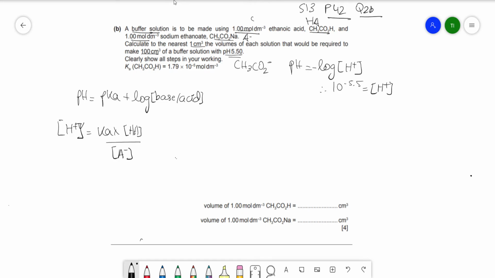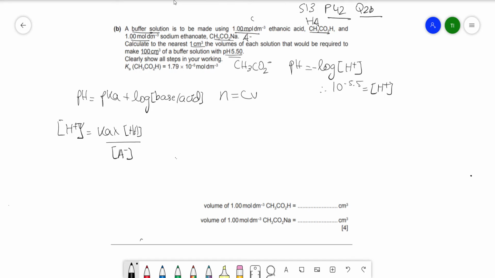Okay. Now, how would you approach this? This is where most candidates came to a halt because it also involved making something the subject and canceling things out. Let me show you what should be done. This equation is also something that most candidates are familiar with: n is equal to Cv.